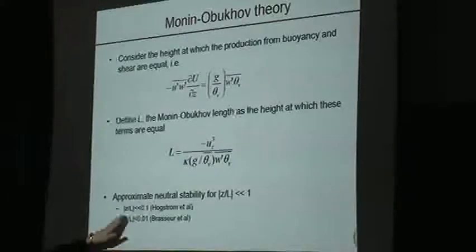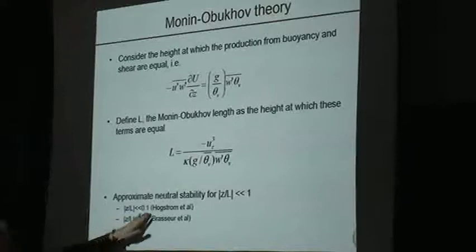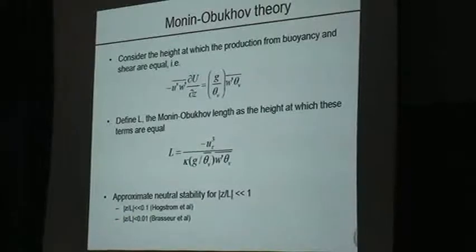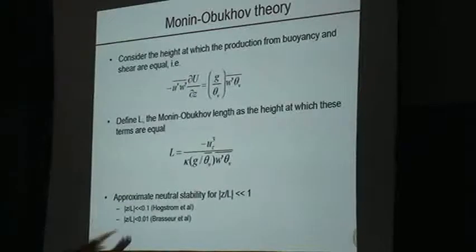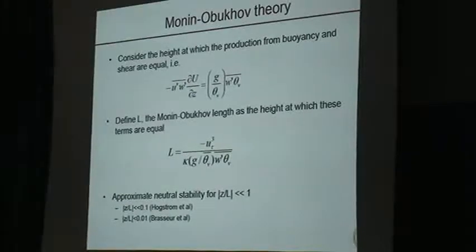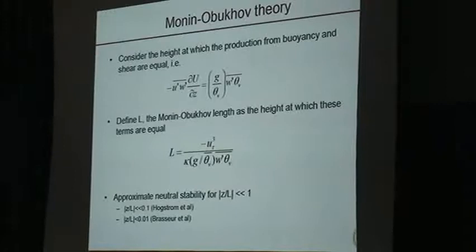So a typical condition proposed by Högström is that z on L is much less than 0.1. Turns out that even when it's 0.1, you can still see some pretty strong buoyancy effects. So Bresser et al. propose it to be much less than that. But again, it depends what kind of question you want to ask.